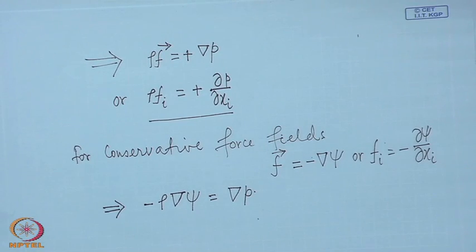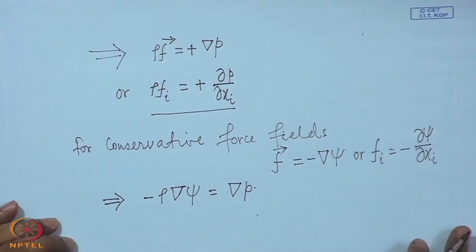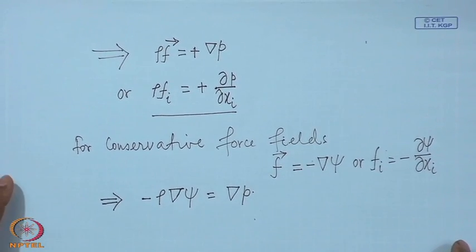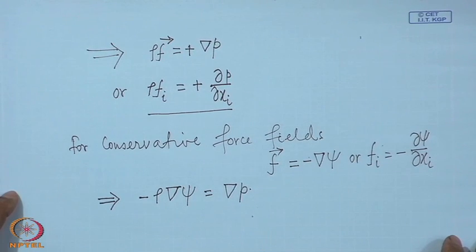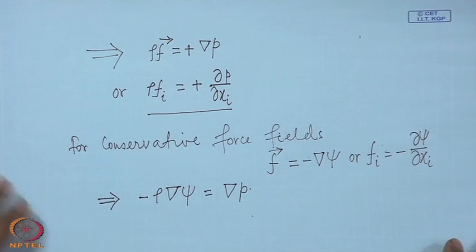Curl of a gradient, curl of a gradient is always 0.